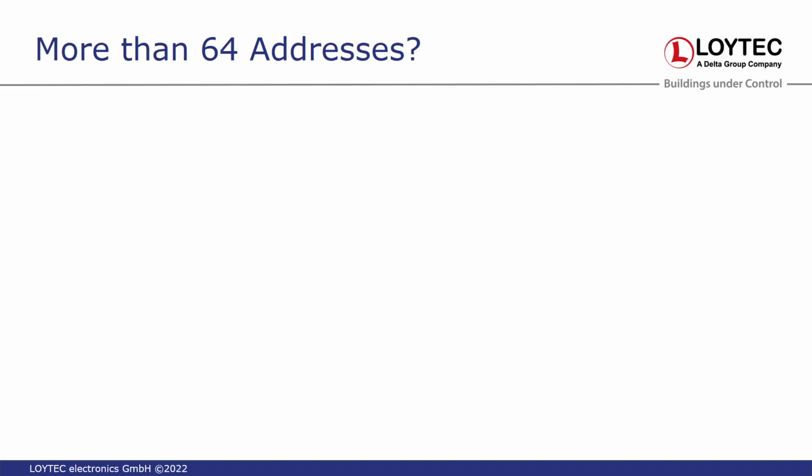Hans, do you want to answer? Basically, you cannot assign more than 64 lamp actuators. The other point is that on the WebY, you can see the number of assigned devices and how much current they are currently using on the channel. So you have an overview of that. And if you have issues with the power supply, you will see it in the web.